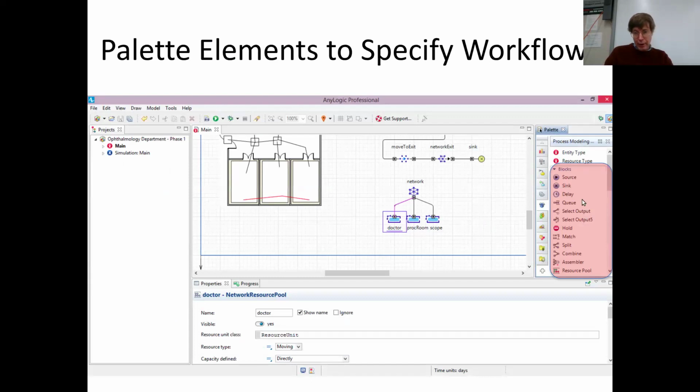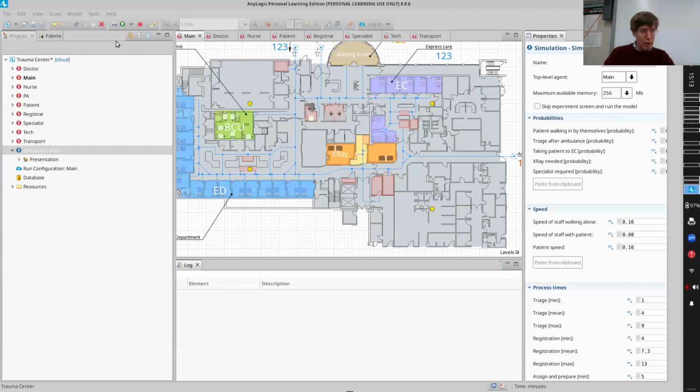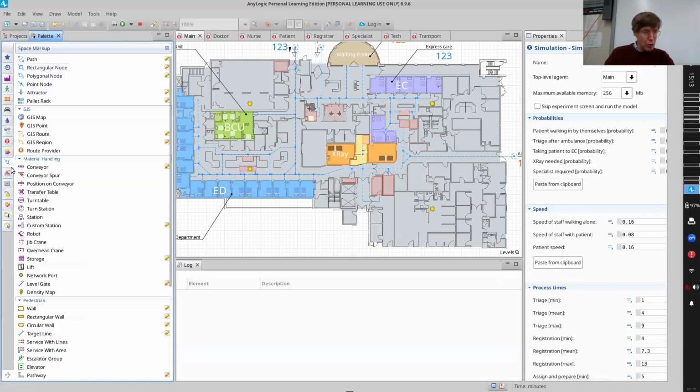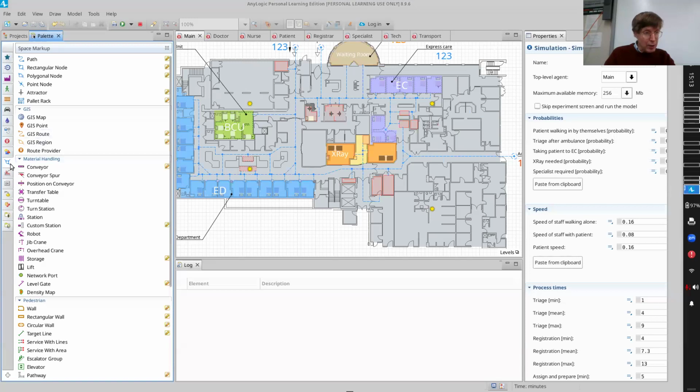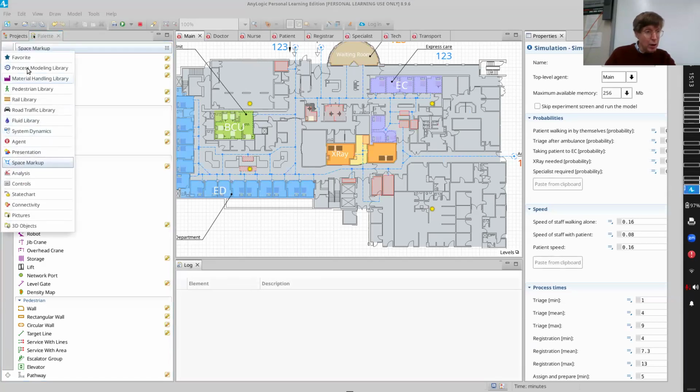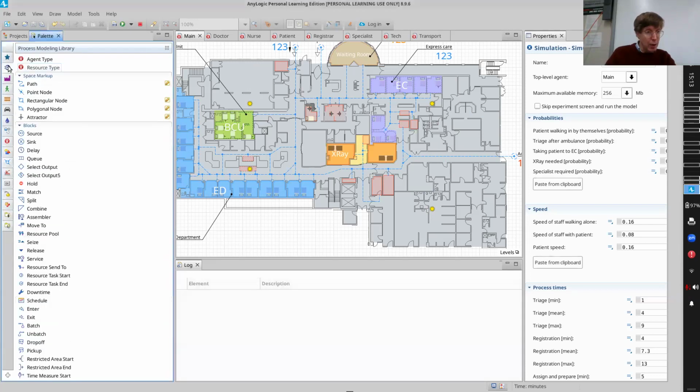And in our process modeling context, we will often turn to the palette that will allow us to characterize this. And here it will be the process modeling library. Here in mine, it's up at the top.